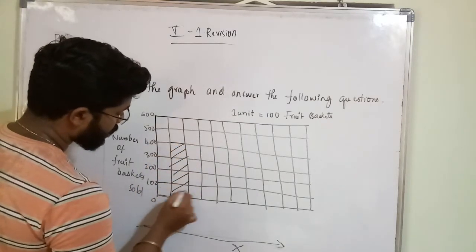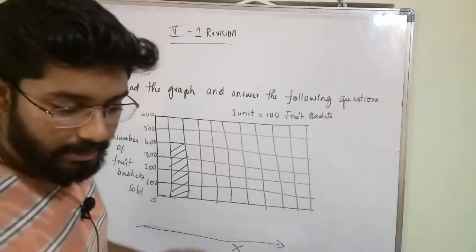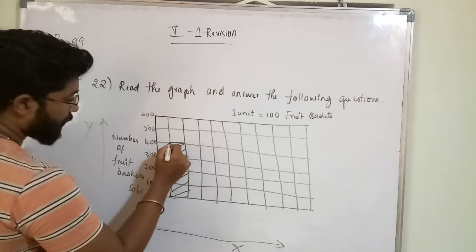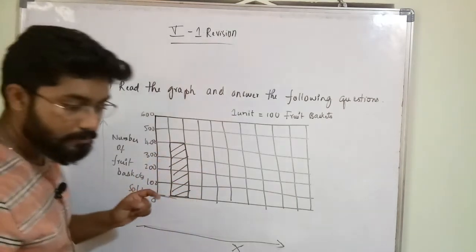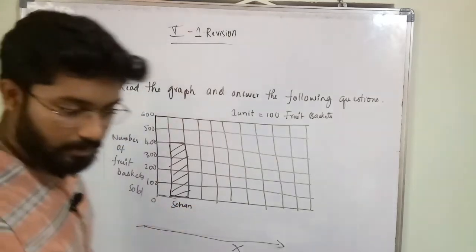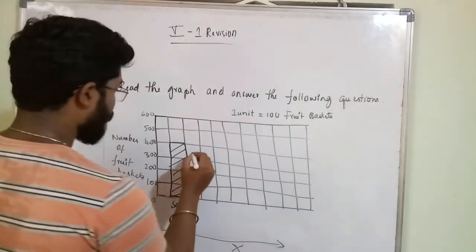So that area is in blue color, no? That area which is in blue color I am representing with this dashed lines. So this is for Sohan. Okay, next one, Rajesh.